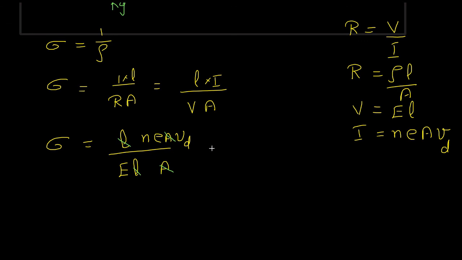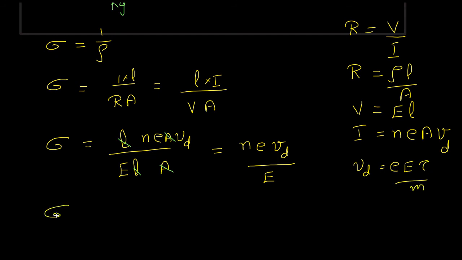So the equation for sigma is n e Vd by E. Also we know Vd equals e E tau by m.